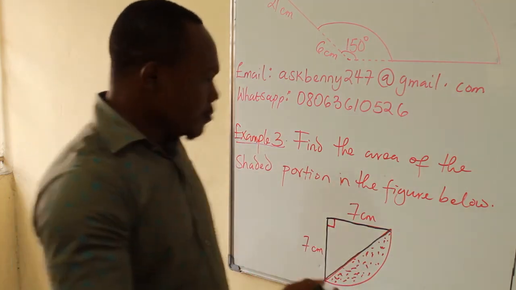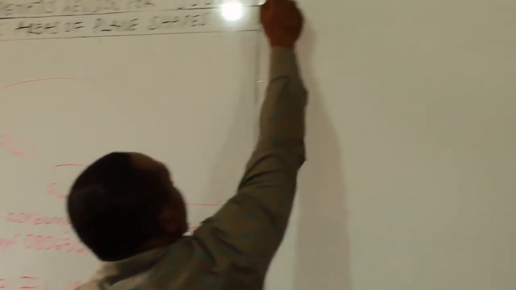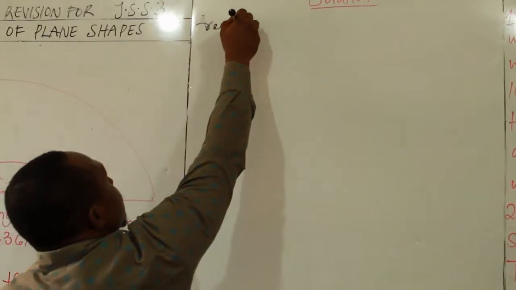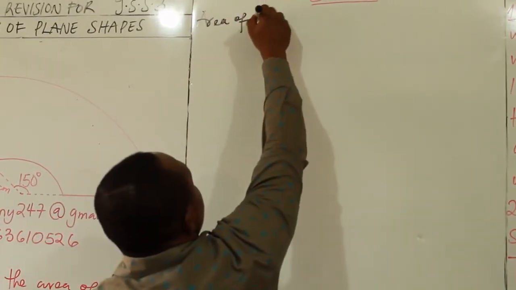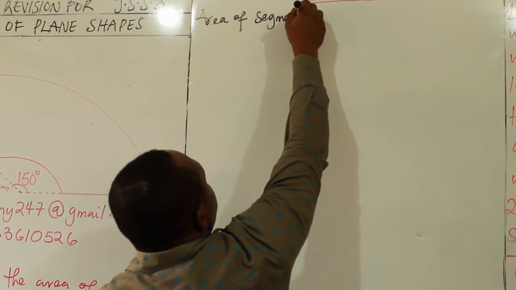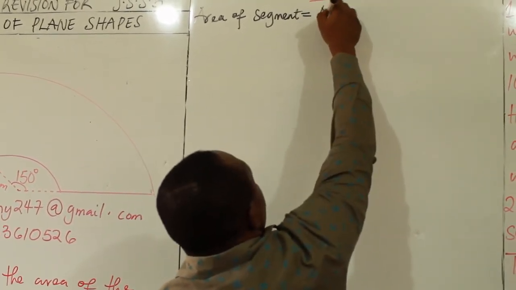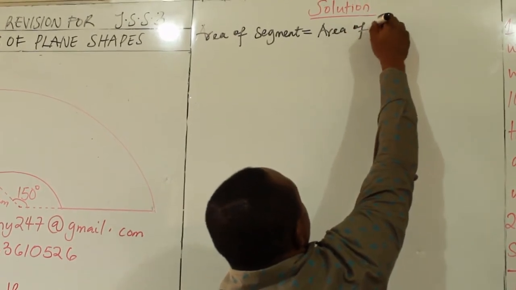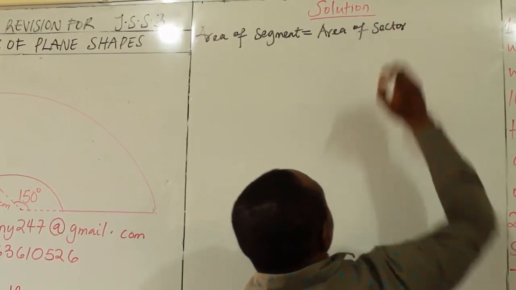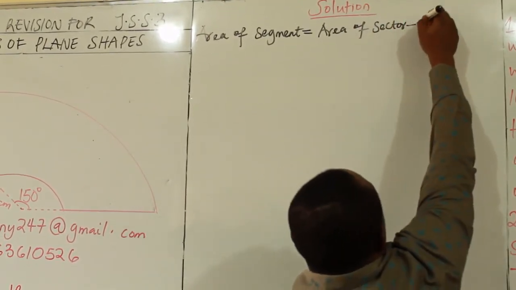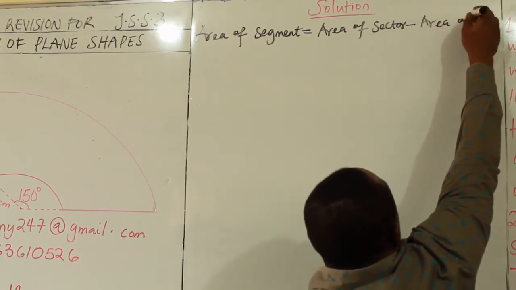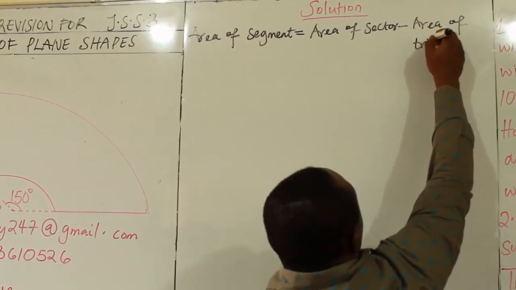So, area of segment will equal area of sector minus area of triangle.